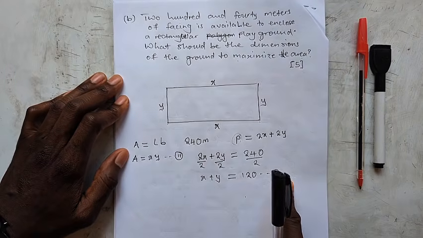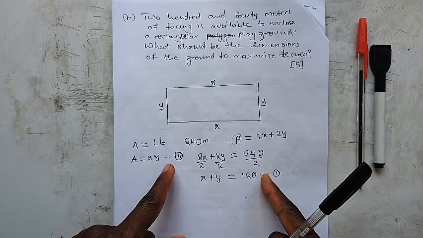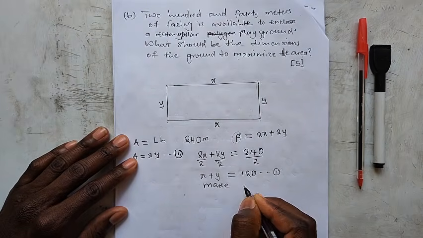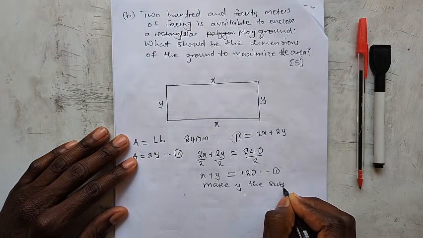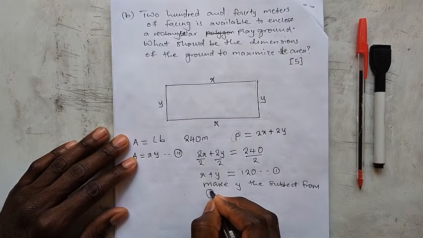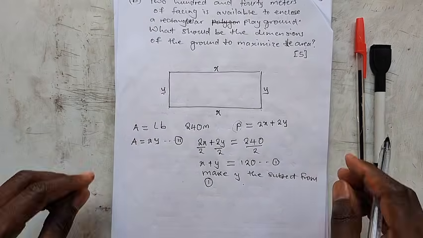So from equation 1, we can try to make y the subject. Then whatever we get, we'll replace it here. So, make y the subject from 1. How do you make y the subject from the same first equation?